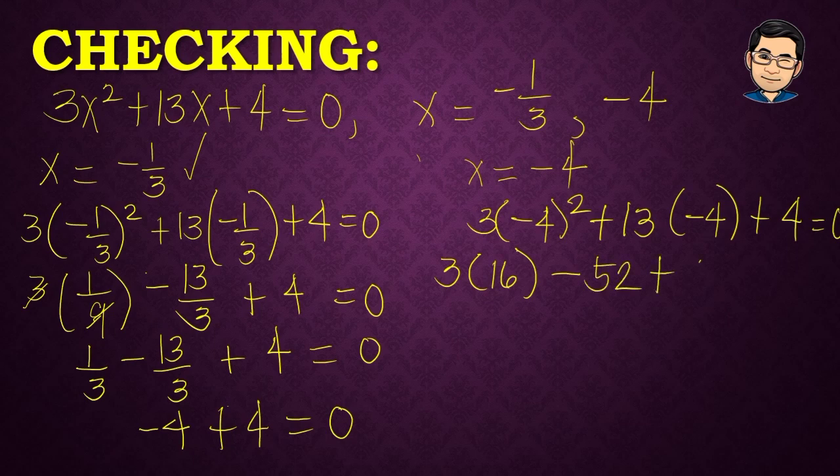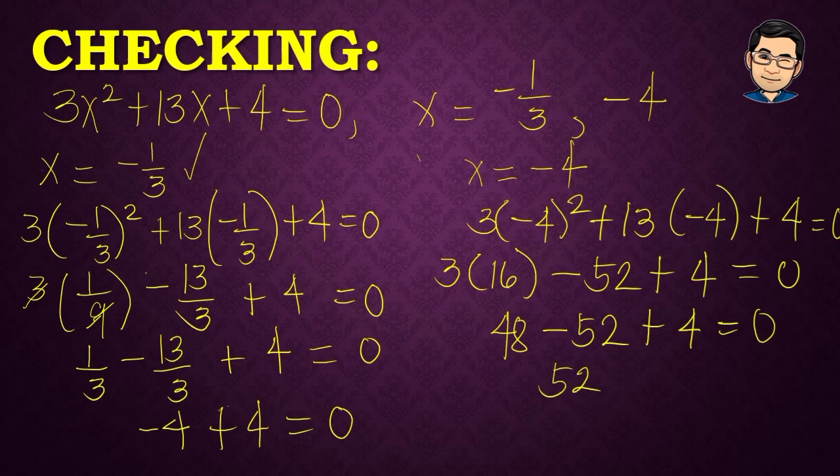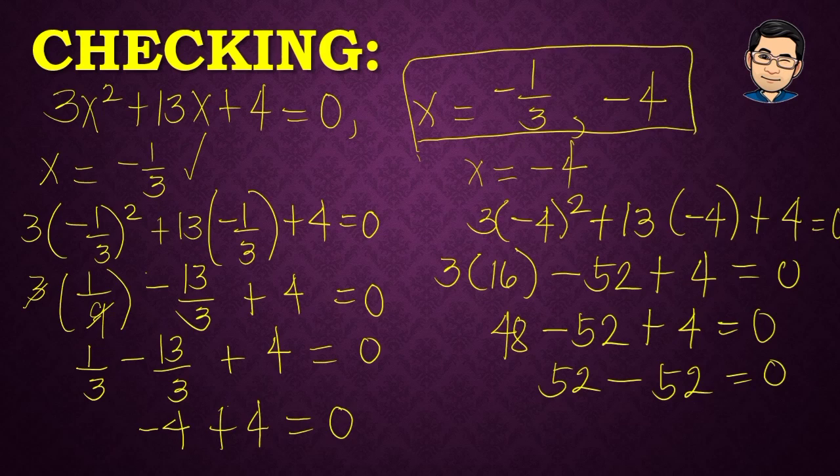Plus 4 equals 0. 3 times 16, 48. Minus 52. So, para mas matuto kayo sa pagmumultiply ng mga simple numbers na yan, pagdi-divide, constant practice lang. 48 plus 4, 52. Minus 52 equals 0. So, this is also correct. So, the roots of our equations are negative 1/3 and negative 4.